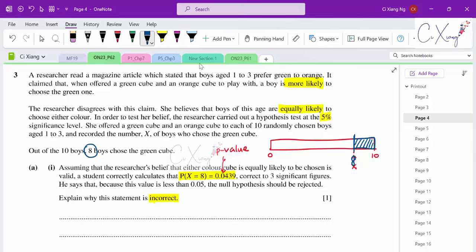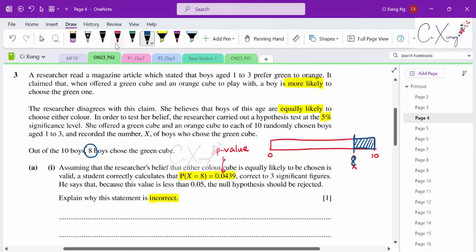Since 8 is on the right hand side, we have a one-tail test on the right, more likely. So we should include the whole area on the right hand side of the 8. To use the probability x equals 8 as a p-value is not correct. You should include the greater than.